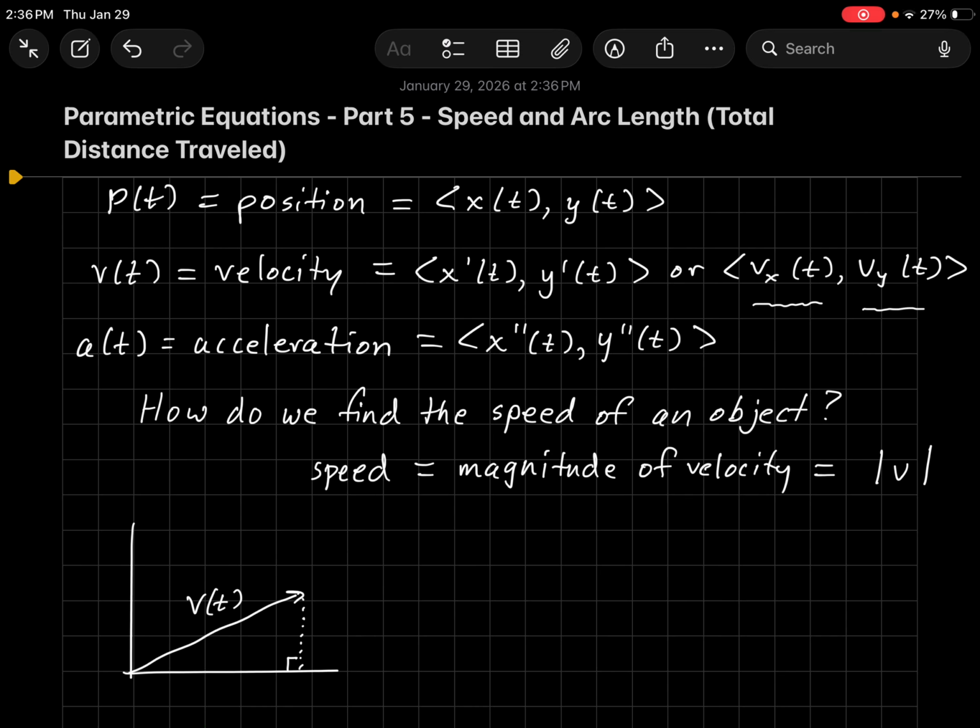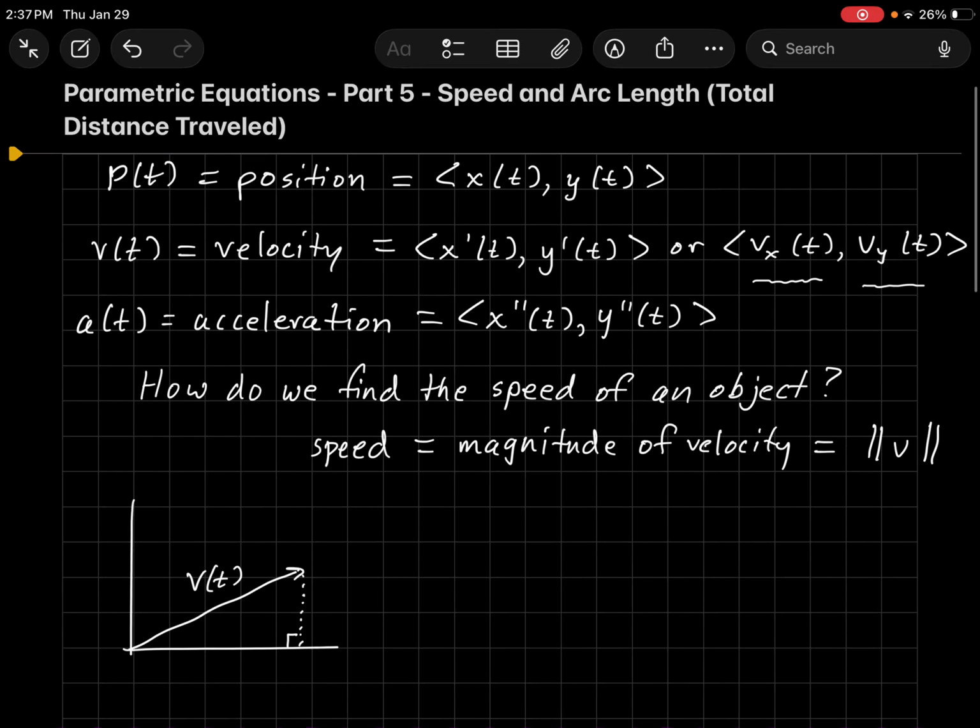Now, I'm old school, so sometimes I write the double bars. But a lot of textbooks that I see nowadays use a single bar. But it's the magnitude of velocity. It's how big the velocity vector is.